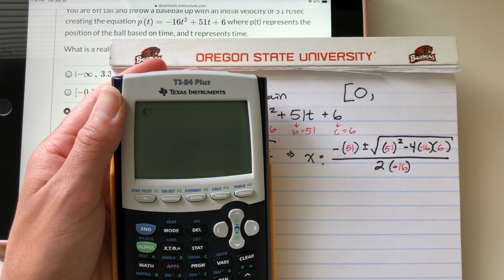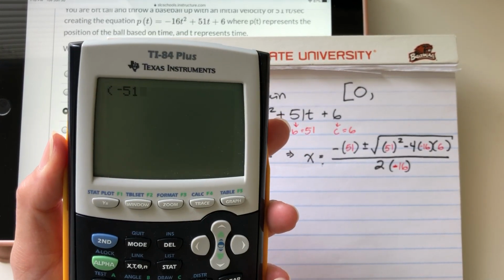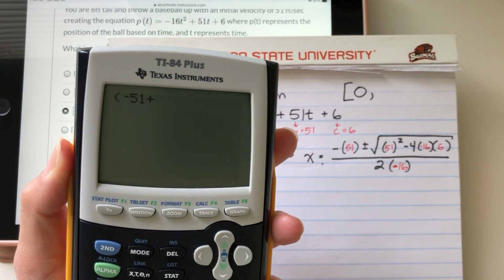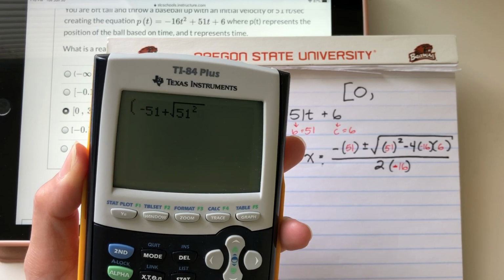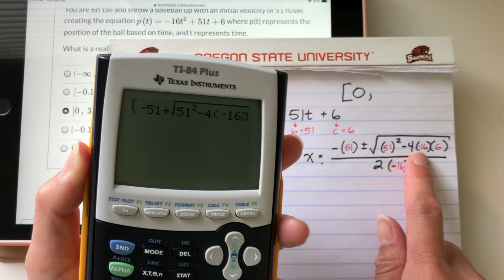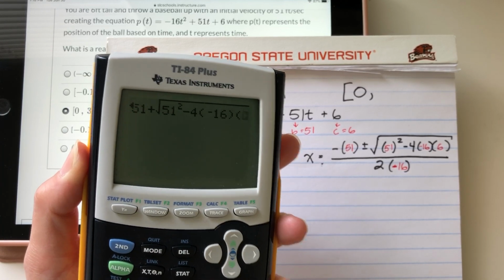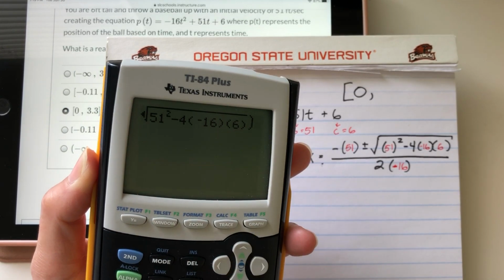So I'm going to put parentheses, negative 51 plus, and then I have a square root, 51 squared minus 4, and then I just do parentheses like it is in the equation, negative 16, parentheses 6, and then arrow out, and then I put a big parenthesis on the outside.